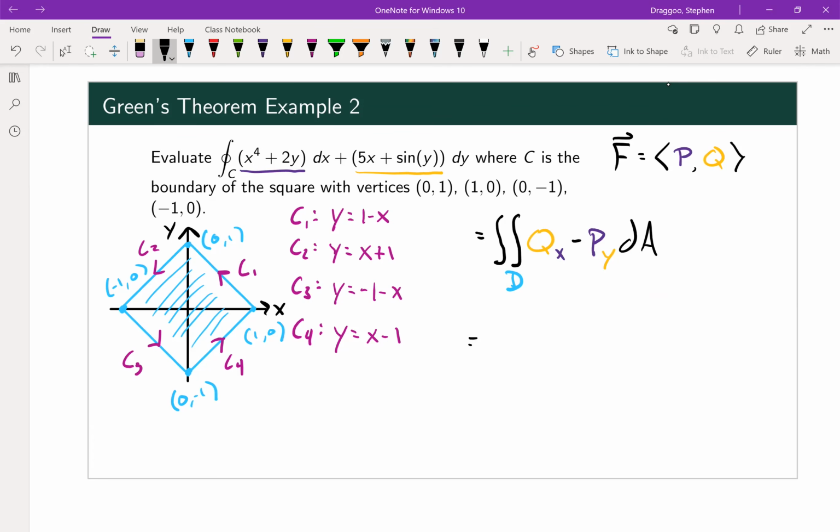So if we actually look at getting those partial derivatives, what is it that we're going to have? Integrating over the region D, Q partial x comes out to just 5 plus 0, minus, we're going to want P partial y, which will be 0 plus 2.